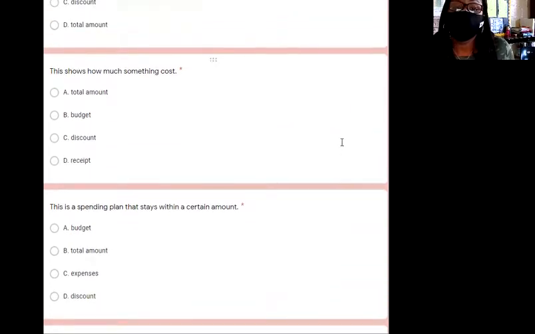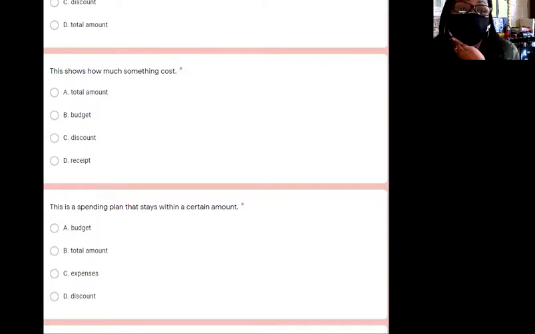Okay, not quite the last one. Our next one. This is a spending plan that stays within a certain amount. Is that a budget? Is that total amount? Is that expenses? Or is that discount? Budget. Someone said budget. Anyone else agree with that?